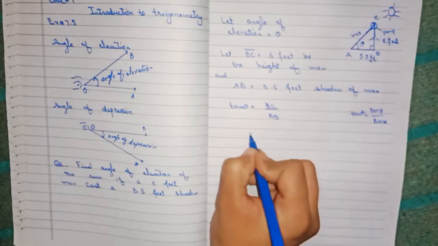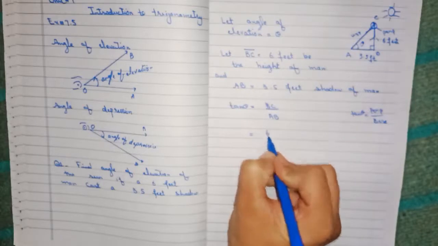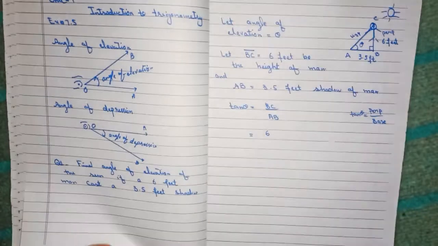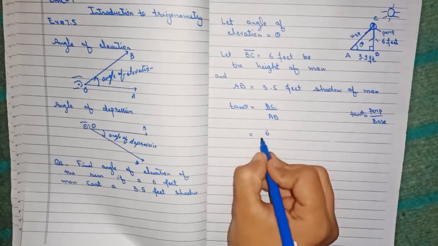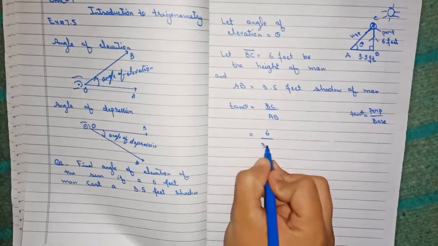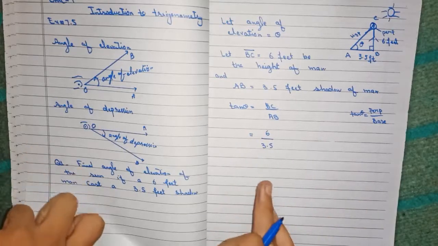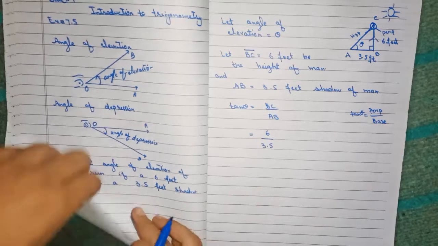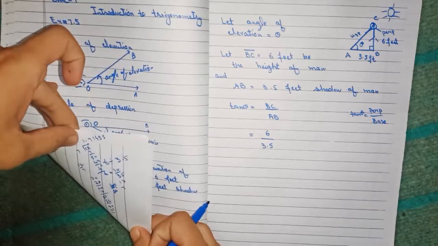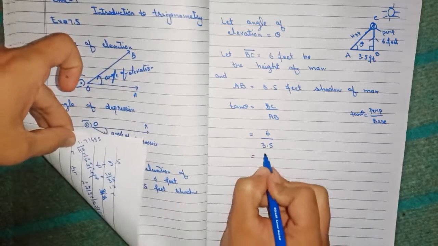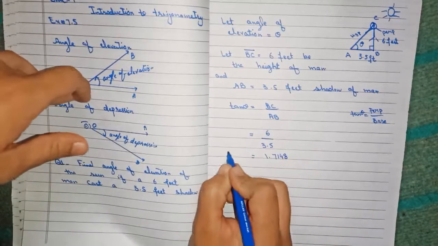Putting in the values, BC is 6 feet and AB is 3.5 feet. Now students, use the calculator and divide: 6 divided by 3.5. It is equal to 1.7148, which equals tangent theta.